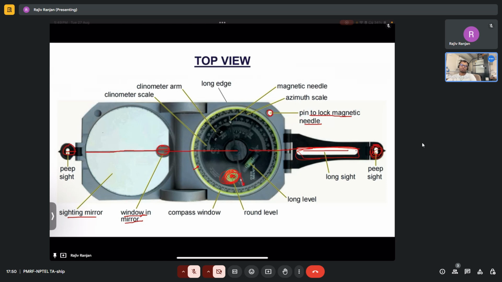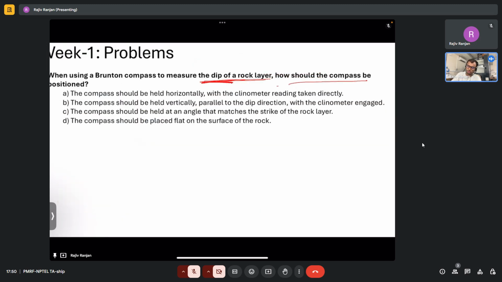See, to measure a strike, what do we do? Anyone have any idea? Okay, let us read the options.